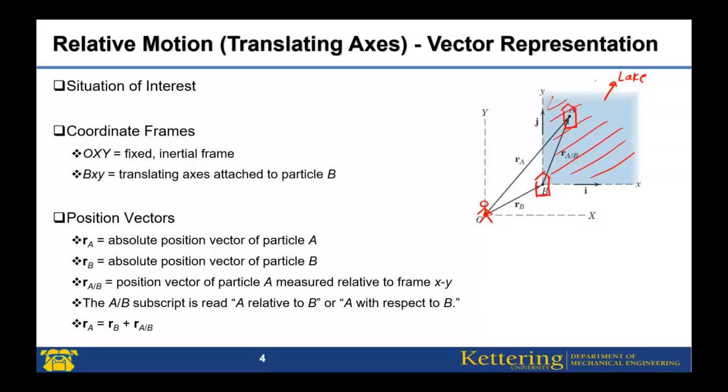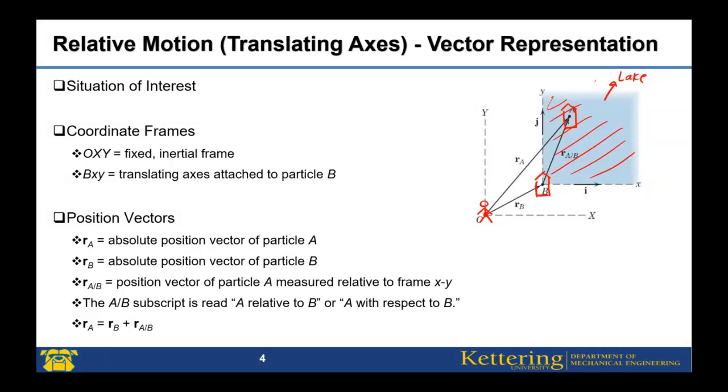Now, based on the view of this person, they can see the positions of A and B using rA and rB in the capital coordinate system. rA and rB are absolute positions, the same as the police car watching your speed and positions.